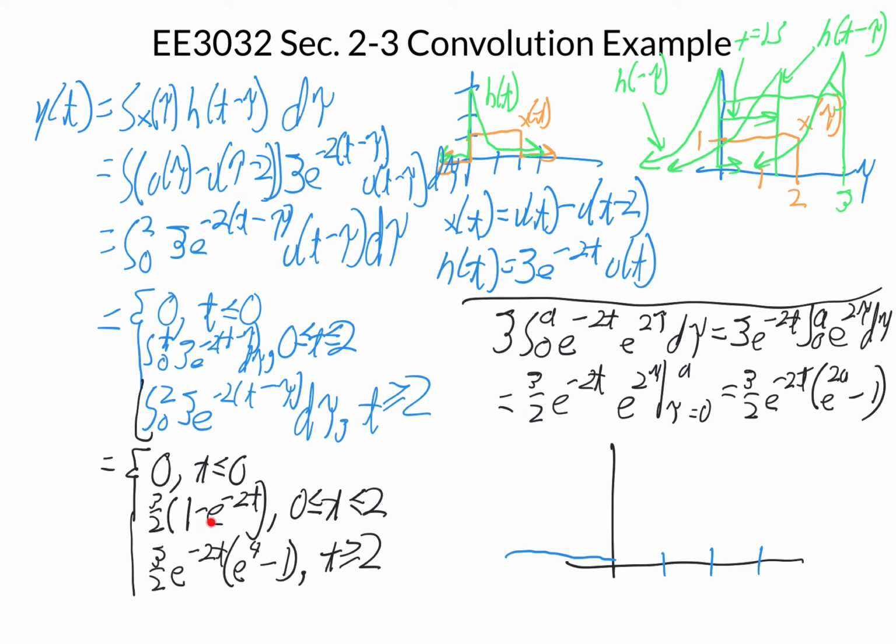When t reaches 2, it's e to the minus 4, so it's 1 minus a small number, so it's approaching a horizontal asymptote of 3/2. So there's 1, 2, here's the horizontal asymptote of 3/2, and by the time we get to 2, we have approached that very closely. So there's our exponential approach. Then after that, we have an exponential decay back towards 0 from that starting point. So there we go. There is our decay.